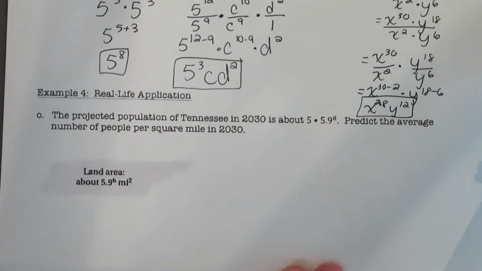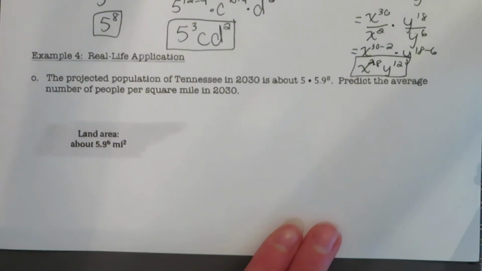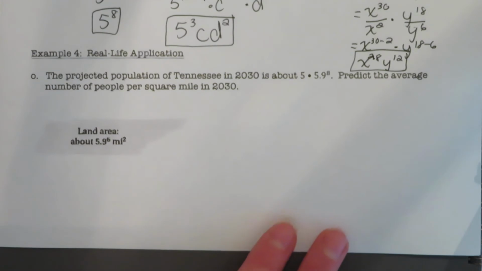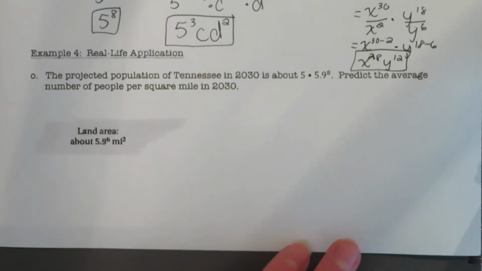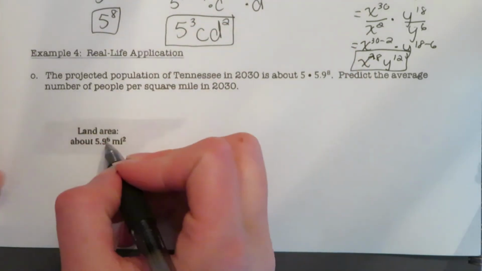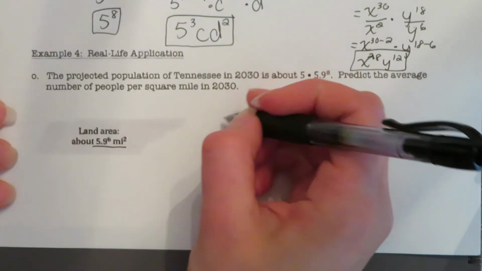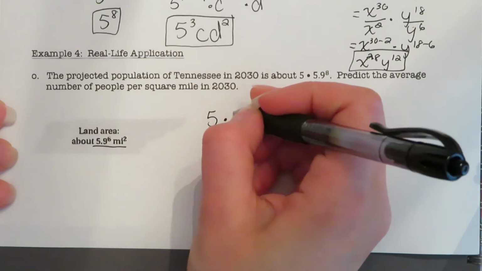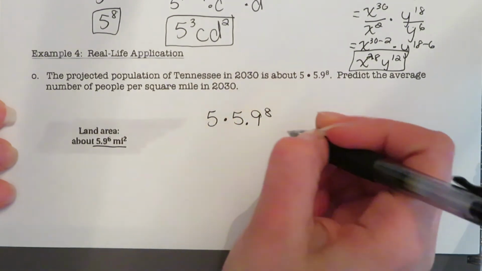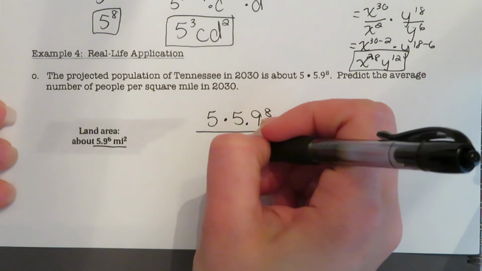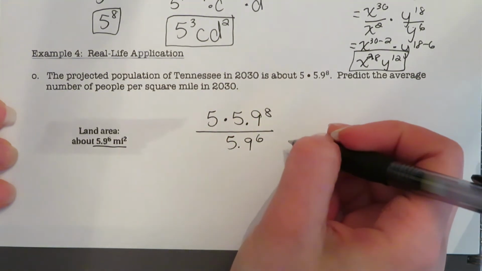All right, example 4, real life application. The projected population of Tennessee in 2030 is about 5 times 5 and 9/10 to the 8th power. Predict the average number of people per square mile in 2030. So the land area is 5 and 9/10 to the 6th power square miles. So I'm going to take 5 times 5 and 9/10 to the 8th and divide it by 5 and 9/10 to the 6th.